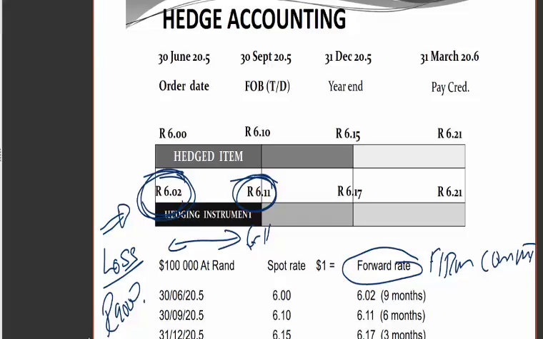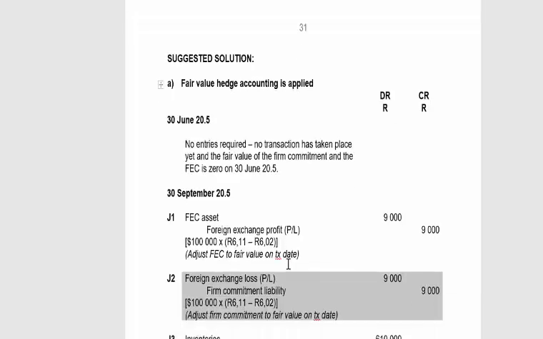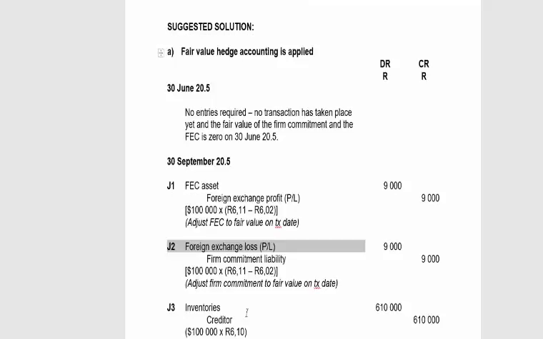And let's now go back to those journals. And there you can see your firm commitment made that loss of 9,000 rands. So we now made journal number 1, we did journal number 2, and now let's look at journal number 3.